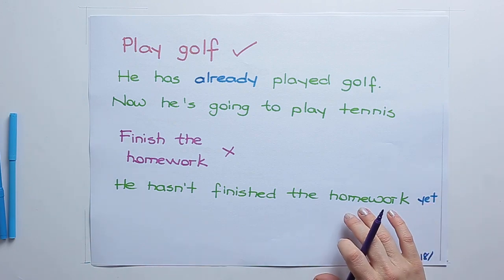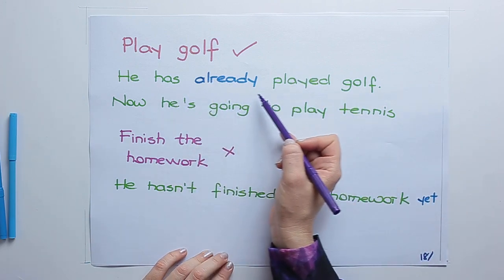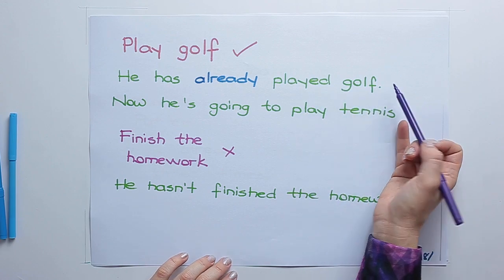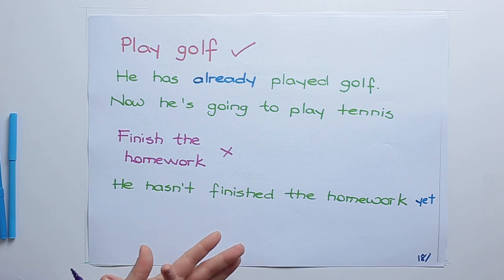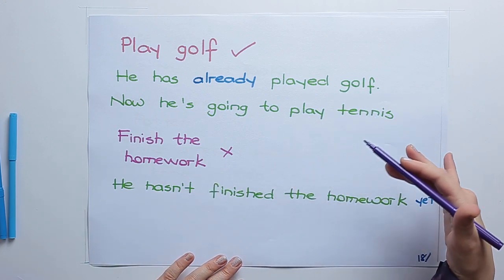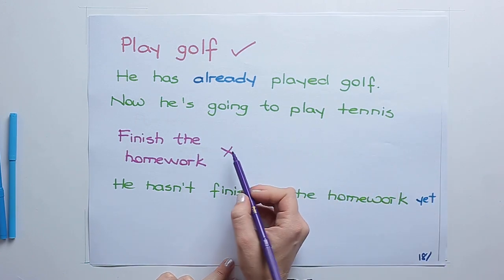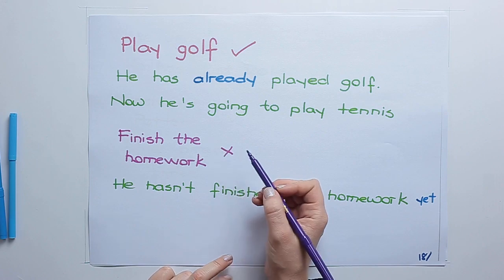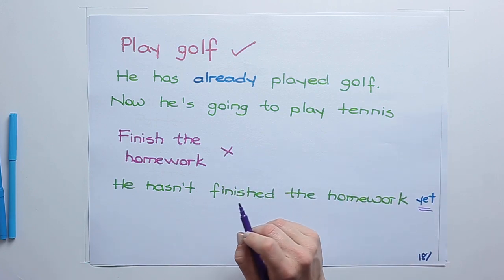Let's take a look at the examples. For example, playing golf. He has already played golf. Now he is going to play tennis. The action has already been done, and now he is going to pass to some other activity. Now finish the homework. Since we've got a cross, I understand that it has a negative meaning, so I'm using yet.